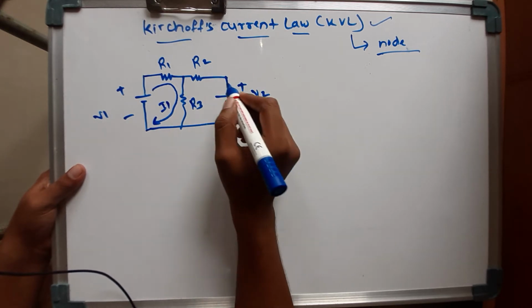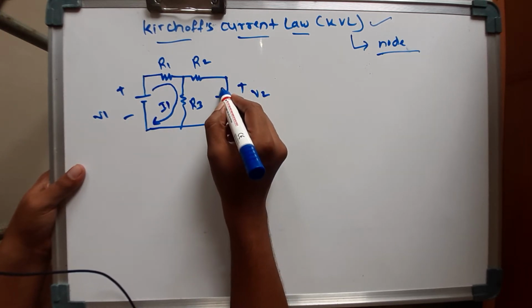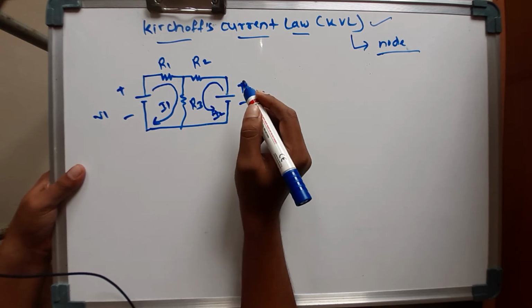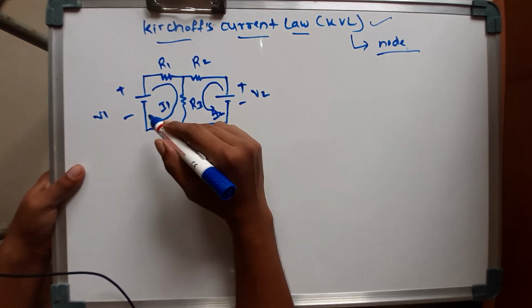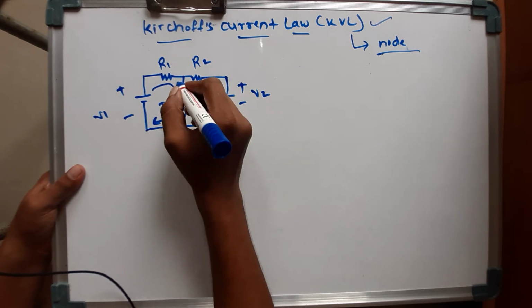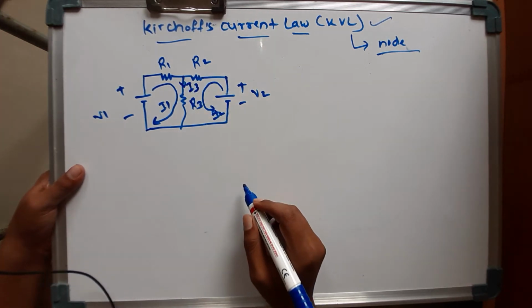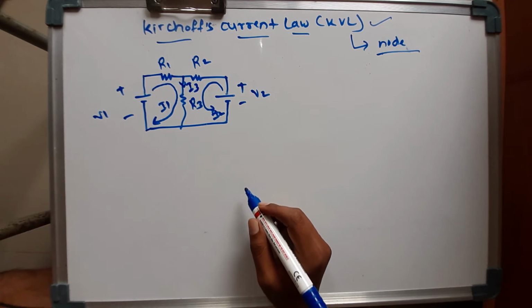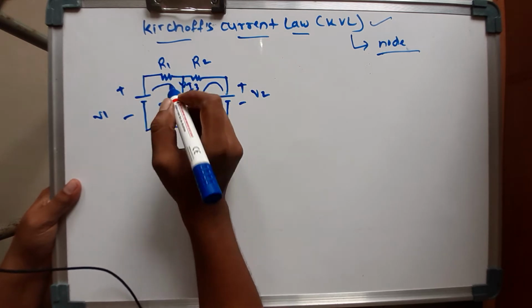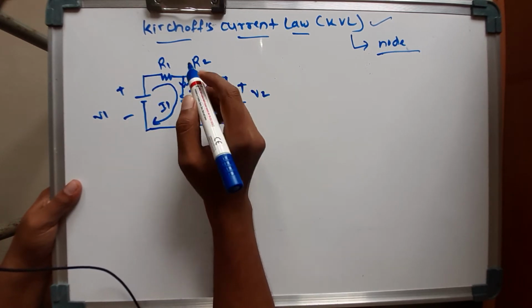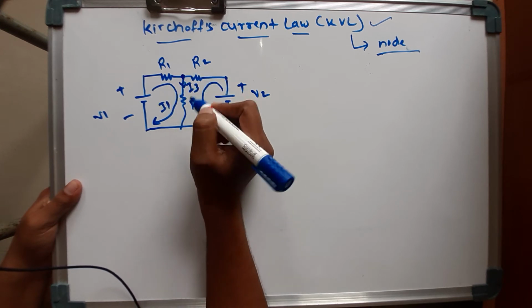Similarly for V2 I will mention this as I2, and for this I will mention I3. In the previous lecture we saw what a node is. Node is nothing but the connection of branches. So here this is one branch R1, second branch R2 and third branch is R3. So here it is one node.